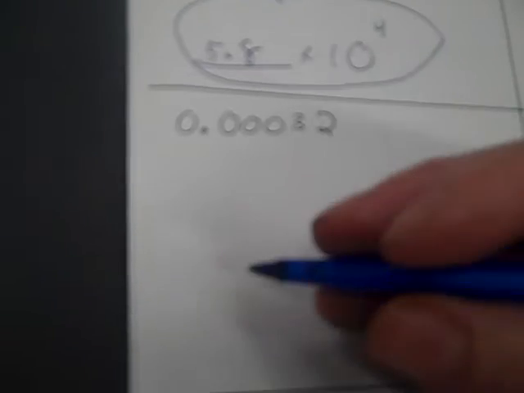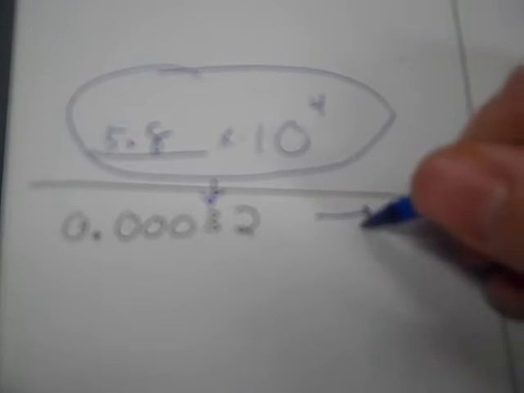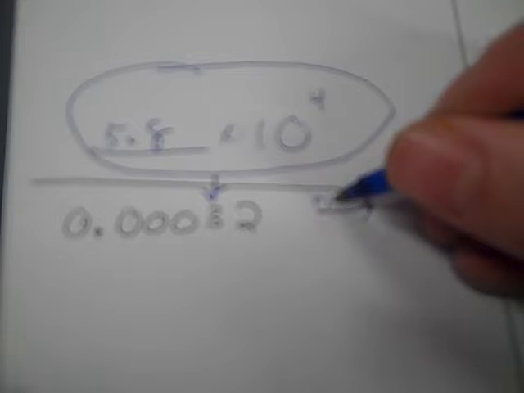Okay, next one. Decimals here. That's 0. That doesn't work. 0, 0, 0, 3. Decimal has to go between 3 and 2, which means it has to go this way. And that direction is right. You got to know your right from your left.